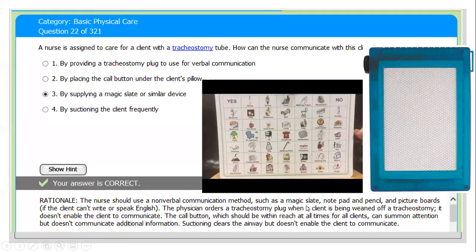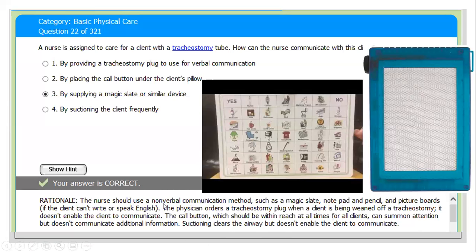I mean, we're talking about the call light or call button. It is a way to send a signal for emergencies and get attention, but not for communication.